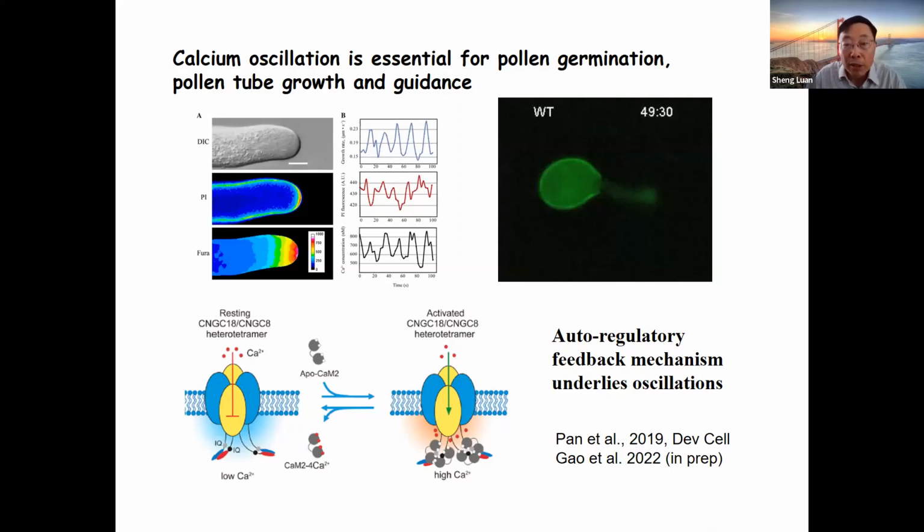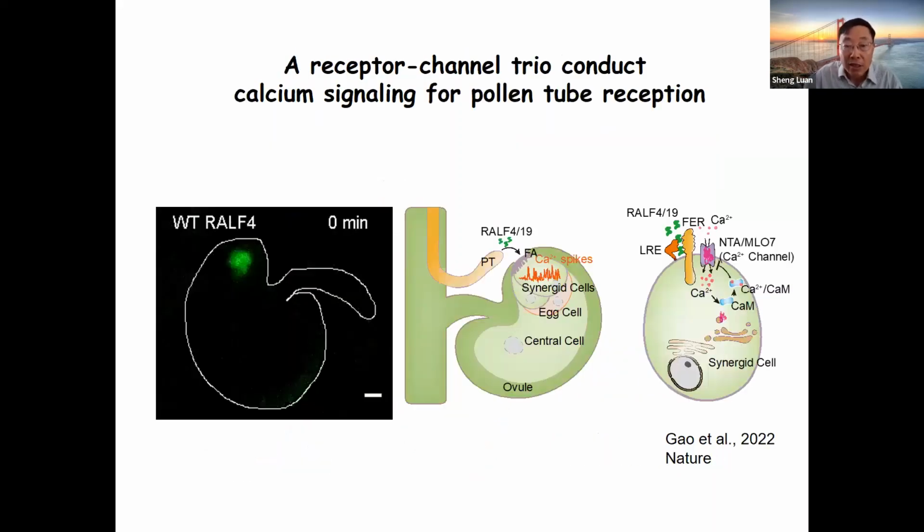So the pollen tube keeps growing with the guidance of this oscillation, right? They grow until they arrive at the ovule of the flower, the pollen tube now here, and then the synergid will respond with their own calcium oscillation, right?